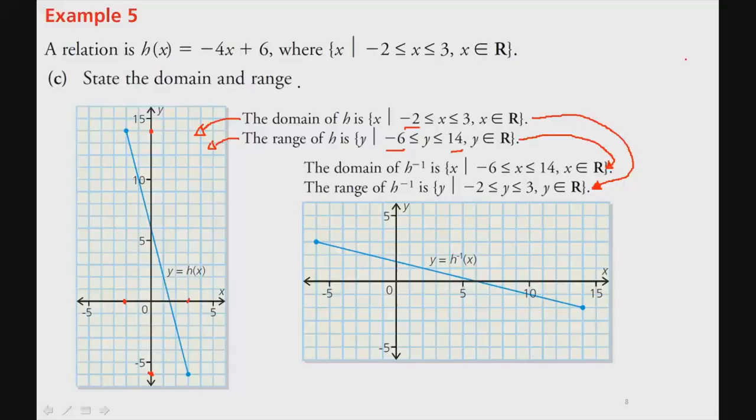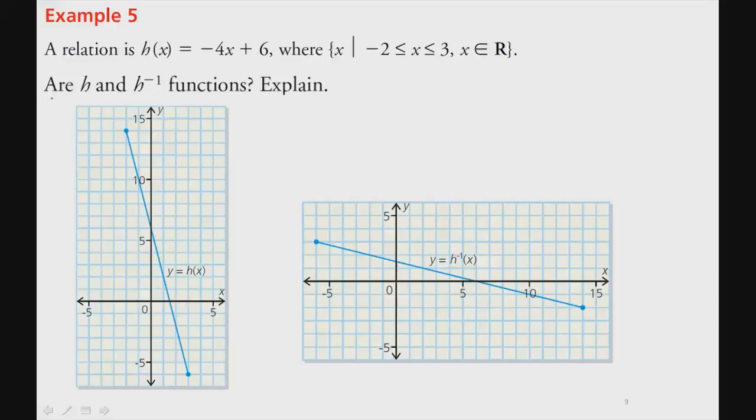So again, when we're graphing these, we're going to switch the x and y values and replot the points, and the old range becomes the domain.